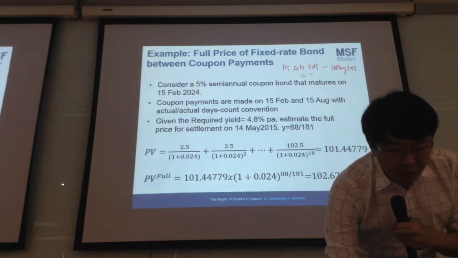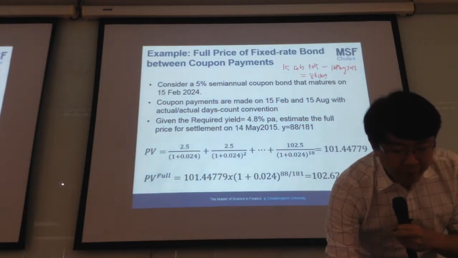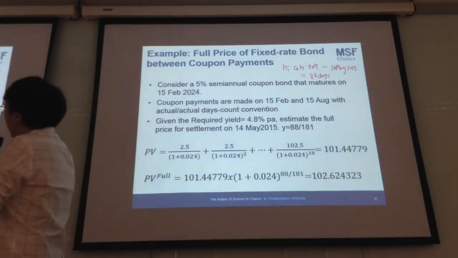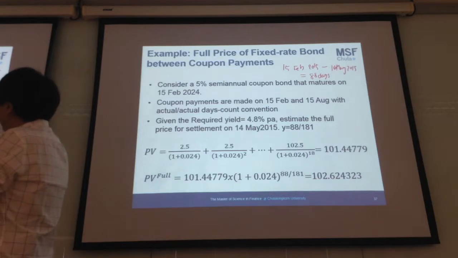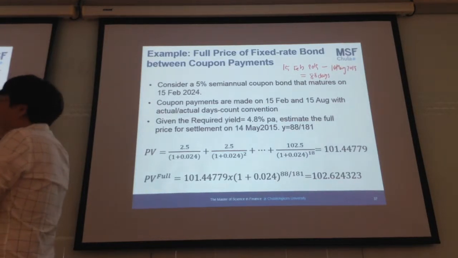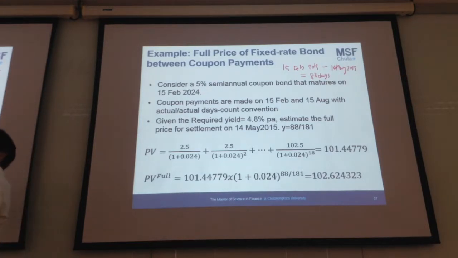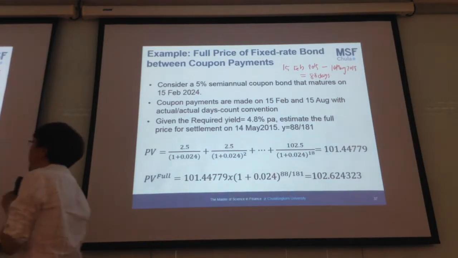That will be 88 days. And then from 15 February 2015 until 15 of August 2015, the next coupon payment, that will be 181 actual days.